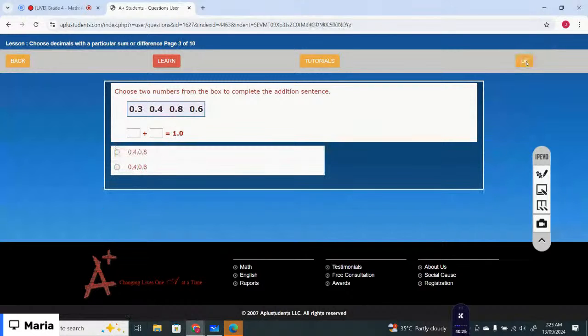Choose two numbers from the box to complete the addition sentence. The two missing numbers, their sum equals 1.0.